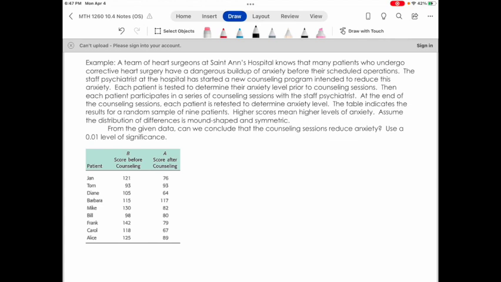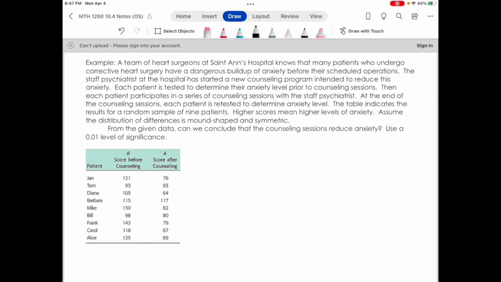So let's walk through the first example. This example talks about a heart surgeon that is concerned about his patients because when they go through heart surgery, they have a lot of anxiety about the surgery. So he gets together with the hospital psychiatrist and they do some tests to see if counseling will help them with the anxiety dealing with this heart surgery.